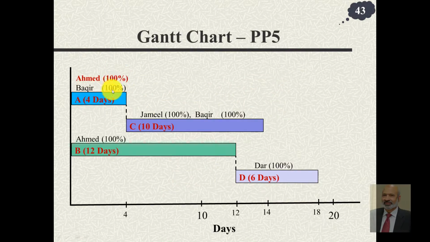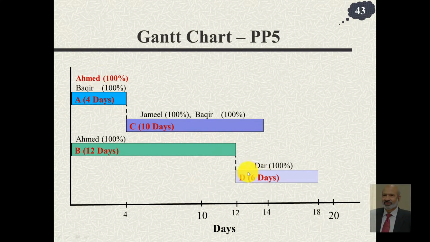So Ahmed and Bakir both work 100% of their time, that means 40 hours a week or 8 hours per day for 4 days on activity A, but Ahmed has to work on activity B also, and that is for 12 days. So for 4 days he is being overworked.